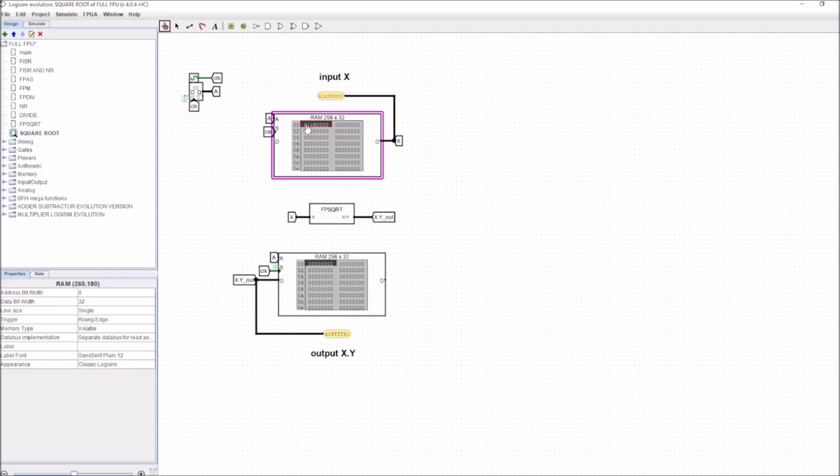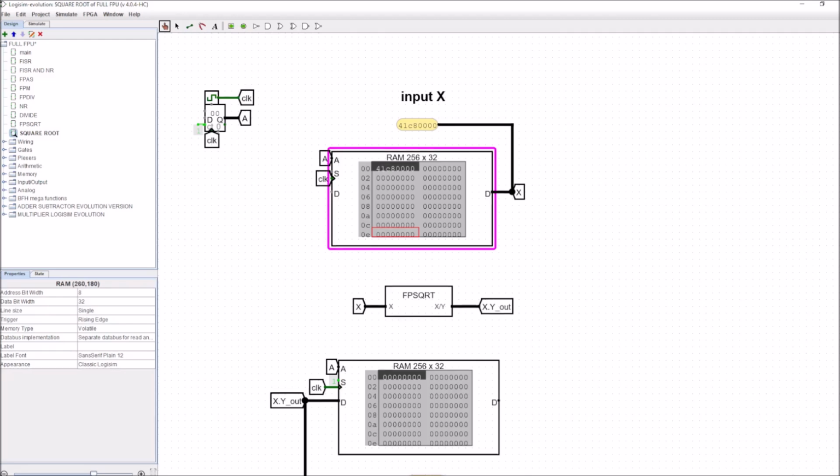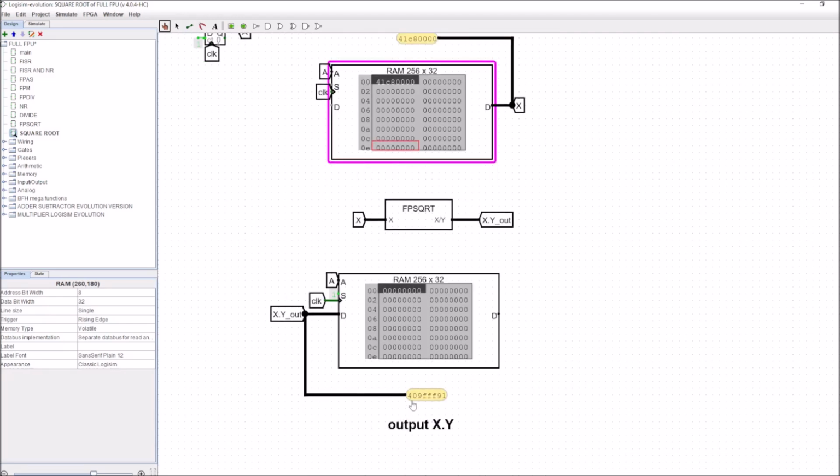41C81234. Okay, so the correct number for this, obviously the square root of 25, is a value of 5. Now the correct value should be, and I'll make this a little bit bigger so you can see it, the correct value should be 40A and then 00000.